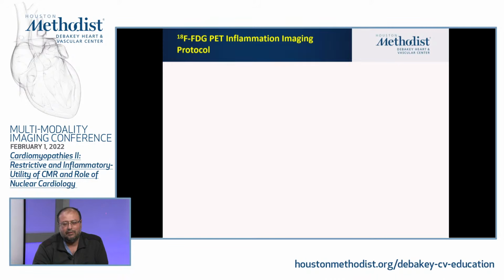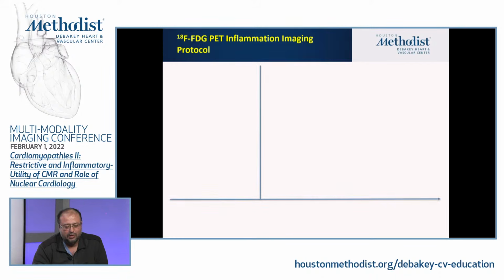We're injecting FDG, which is fluorodeoxyglucose, and if we inject it immediately after a meal or without any preparation, all the myocytes will take the FDG and the entire heart will light up. However, we need to provide the myocytes with enough free fatty acid, so when the FDG goes in, it will go primarily to the inflammatory cells.